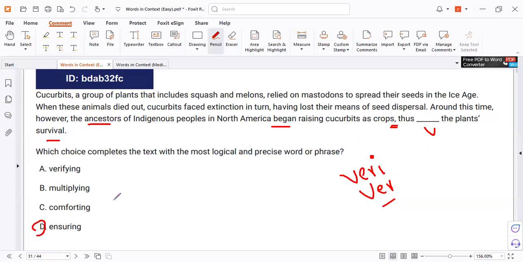To ensure the plant's survival. Make sure it is survived. So how verify? We are not talking about chicken information. Come on, what is next?